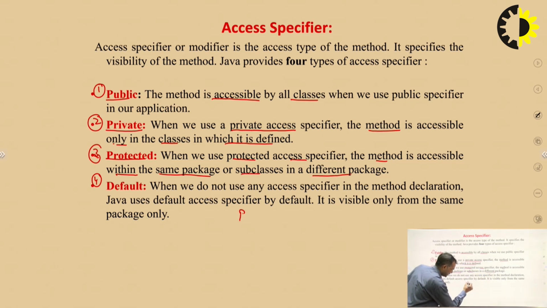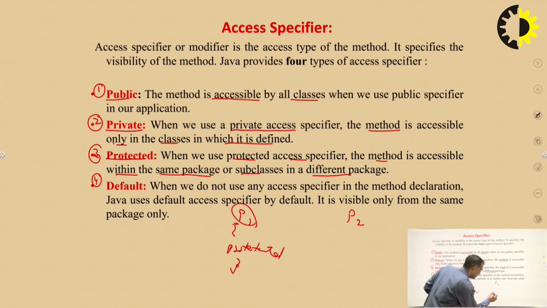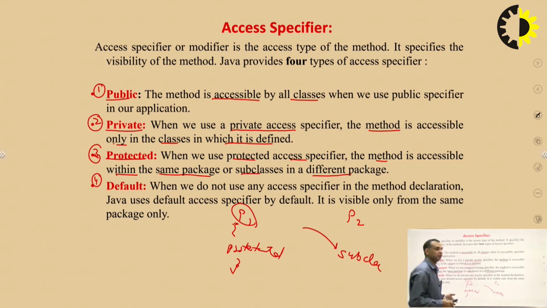Simply, we can understand that if I have two packages, one is P1, the second one is P2. So P1 and P2 are the two packages. If we declare a method that is protected, then I can access this method either inside the same class of this package, or inside the subclass of another package.